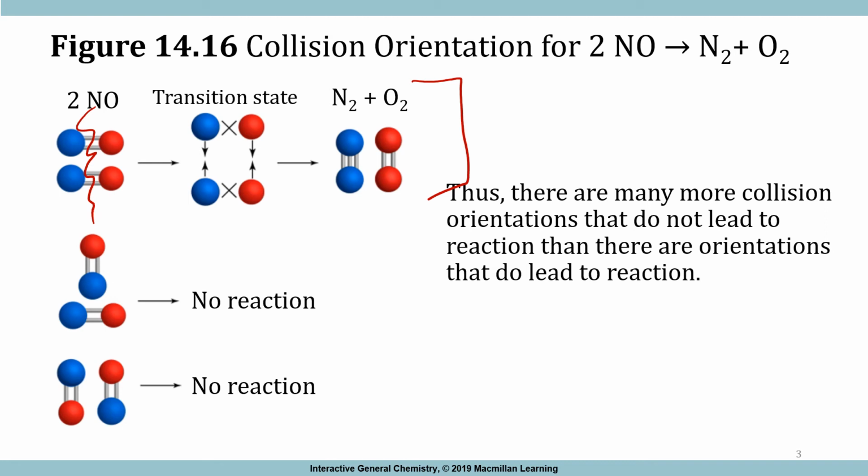If the nitrogen collides in a different fashion, then a reaction will not happen, or the N2 will not be created, and the O2 will also not be created. So thus, there are many more collision orientations that do not lead to a reaction than there are orientations that do lead to a reaction. So having more concentration and higher temperature will help that.